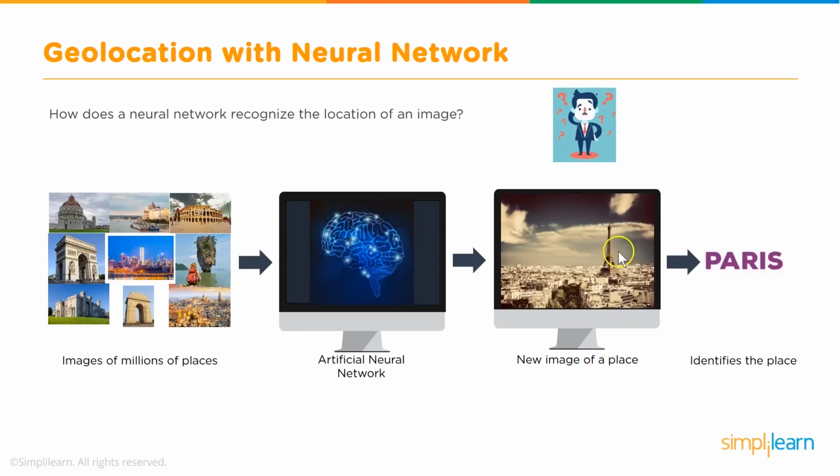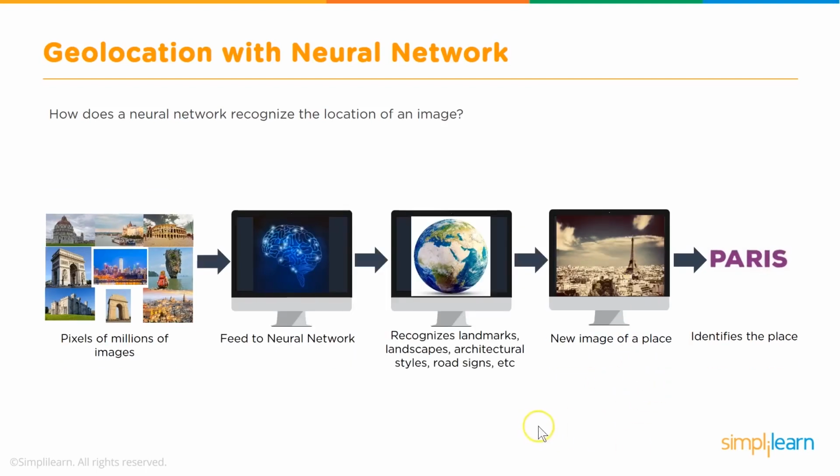It will be able to recognize, for example, that this is a picture from Paris because it is able to recognize the Eiffel Tower. So the way it works internally, if we look a little bit under the hood, is these images are nothing but digital information in the form of pixels. Each image could be a certain size, say 256 by 256 pixel resolution, and each pixel has a certain grade of color, and all that is fed into the neural network.